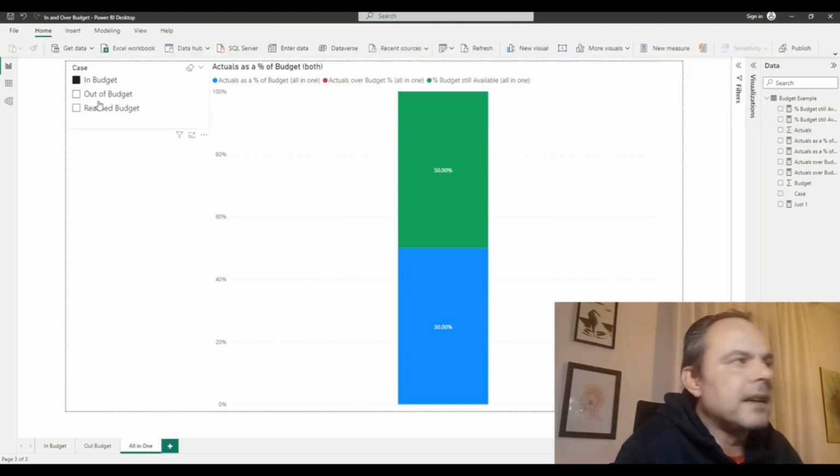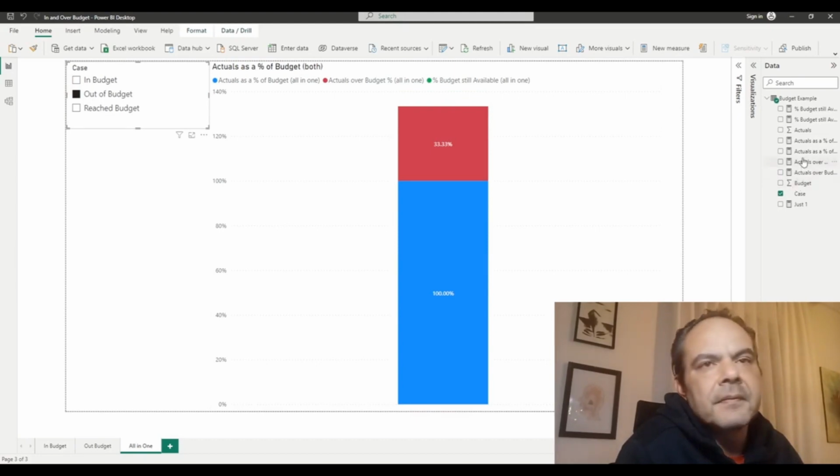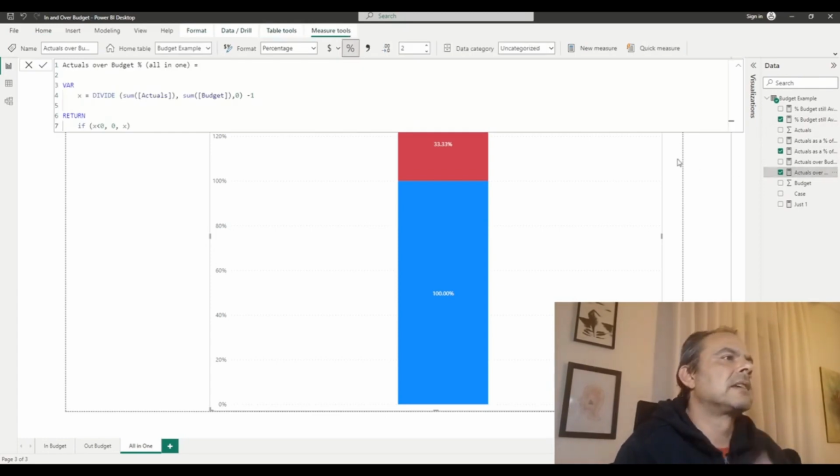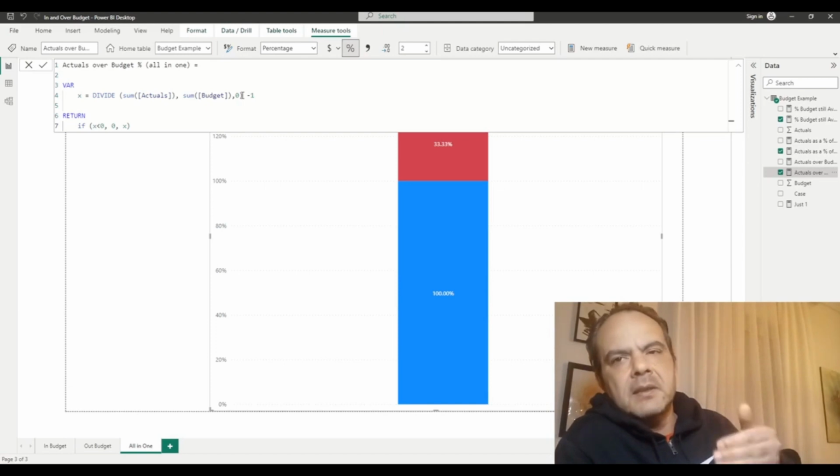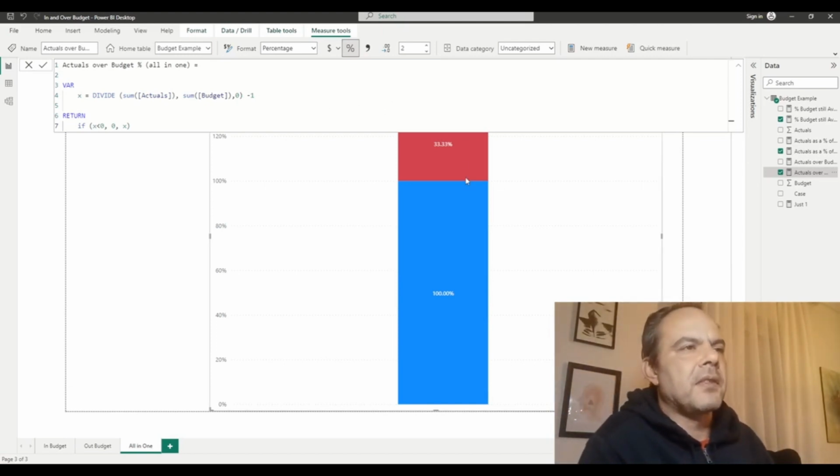And finally, for the out-of-budget case, the actuals over budget percentage would again be the division, the actuals percentage minus 1. In that case, the 133% was the actuals percentage. We subtract 1 and we have 33.33%. And we also cap this at 0.